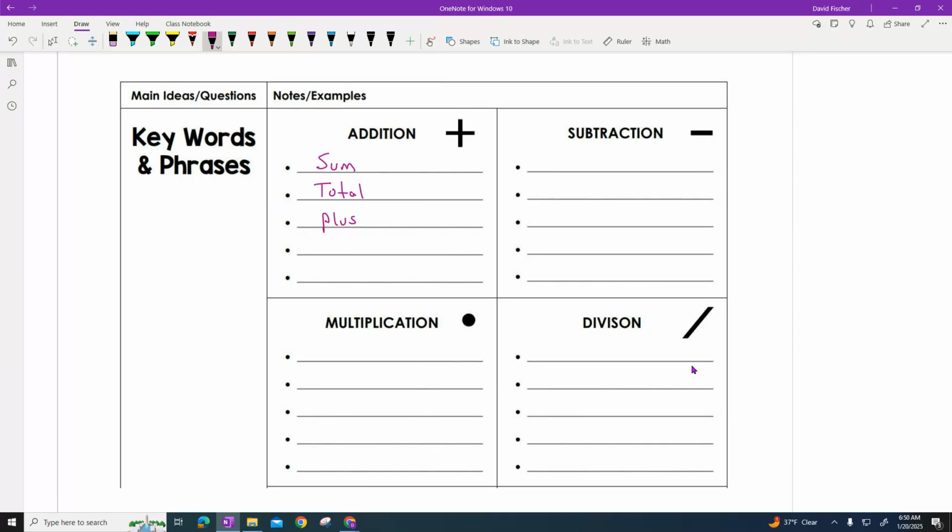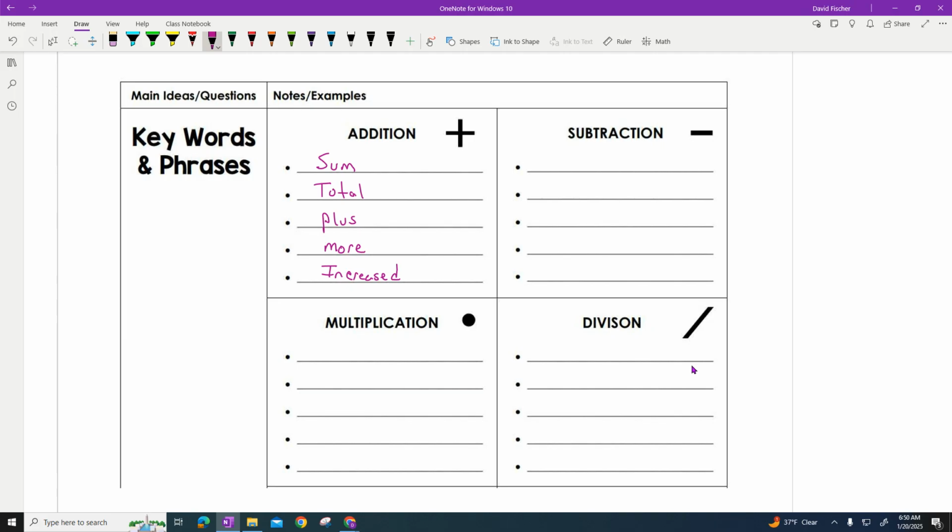Can you think of any other ones? Yep. More means we're going to be adding some more to something. And let's see if I can think of another one. There's more than this. Increase would be a good one. So if something was increased, that means we're adding something. And there are other ones, but there's five of them to get us started today.